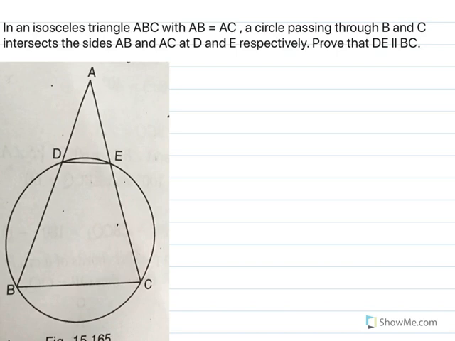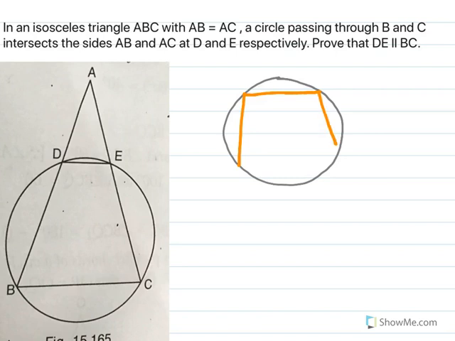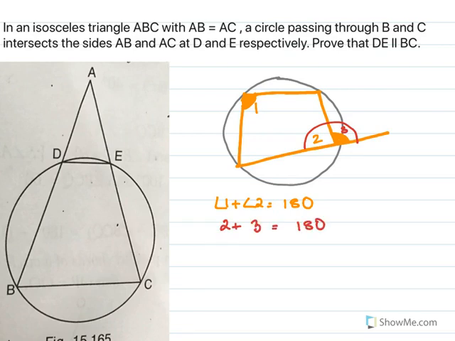Before we go to this, there's a property we are going to use quite often. We have a circle, and in the circle, if we have a cyclic quadrilateral, this is the cyclic quadrilateral. This is the exterior angle. Now this exterior angle of a cyclic quadrilateral is always equal to the interior opposite angle, because see, we know angle 1 plus angle 2 is 180, and 2 plus 3 is also 180.